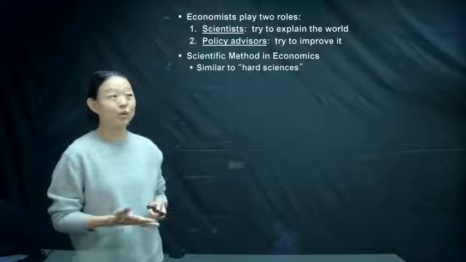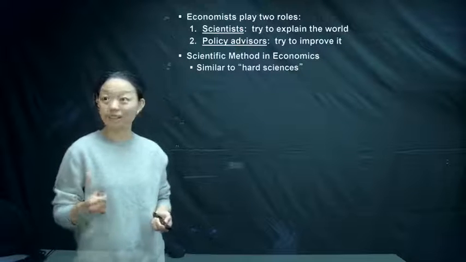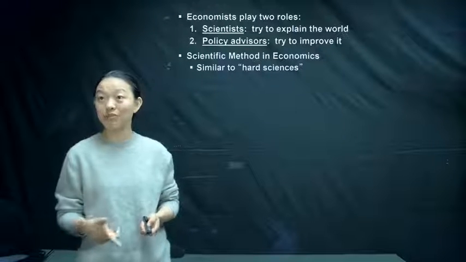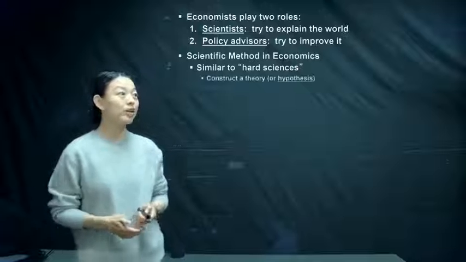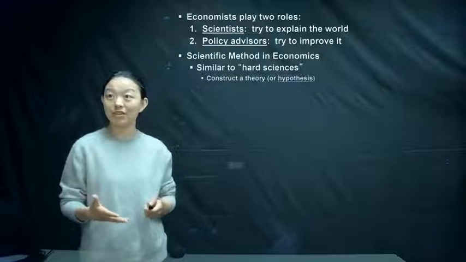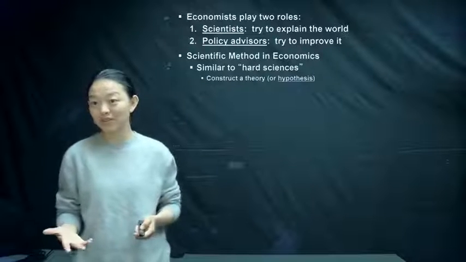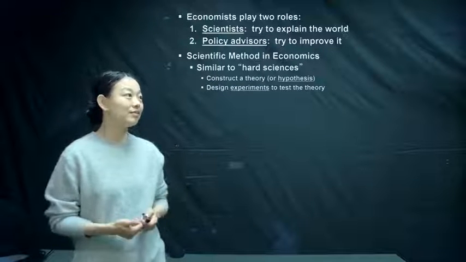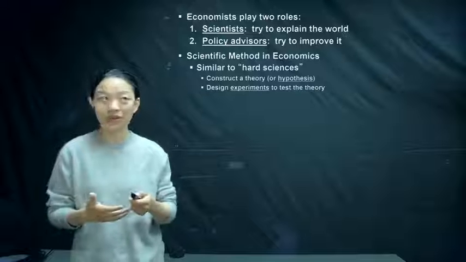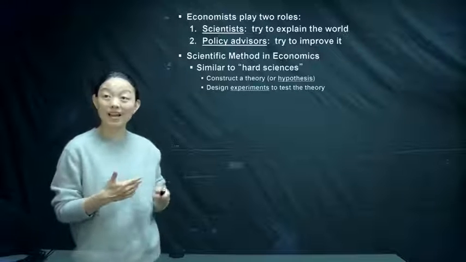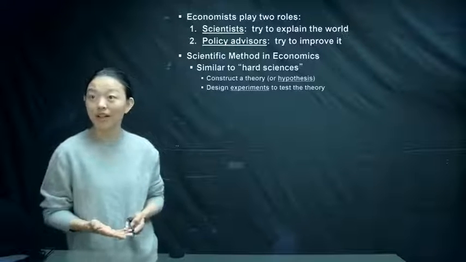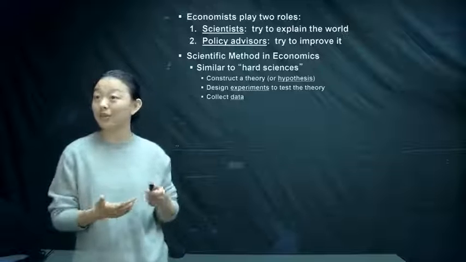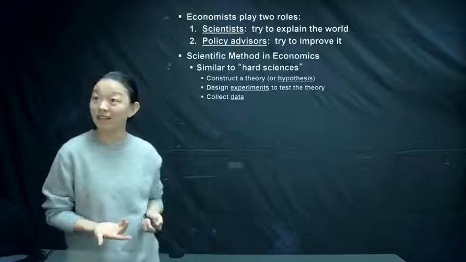This is very similar to what we call a hard science, like chemistry, physics, biology, okay? Because we need to first come up with a theory or hypothesis. And then we need to design an experiment, okay, to try to test those theories. And in order to test those theories, we need to collect data, right?